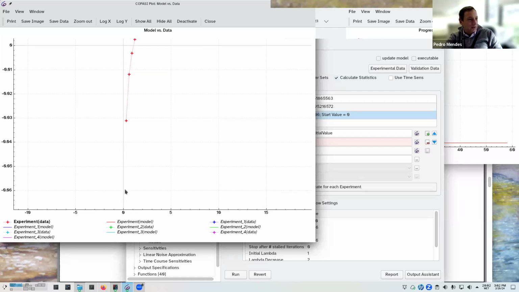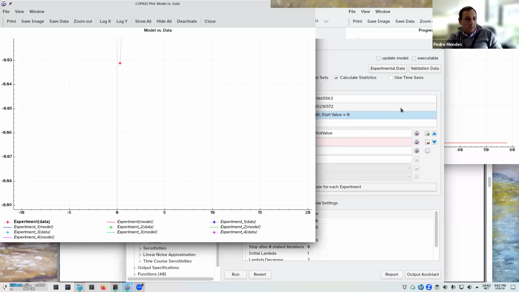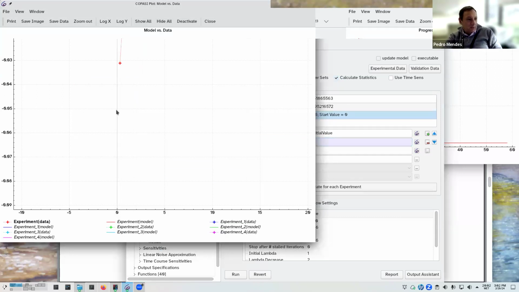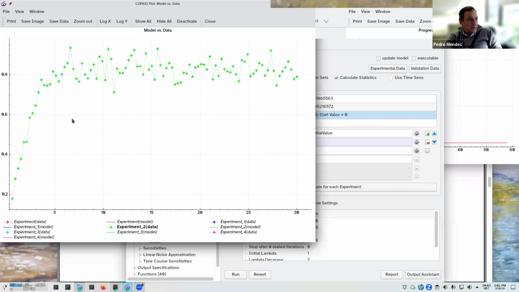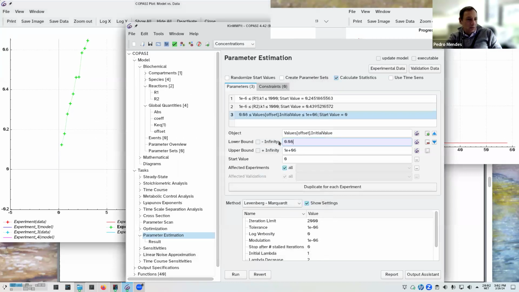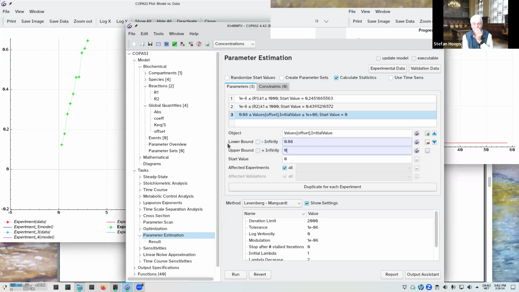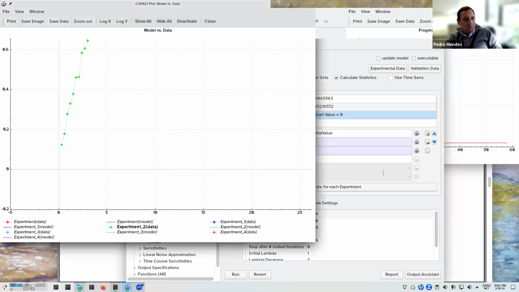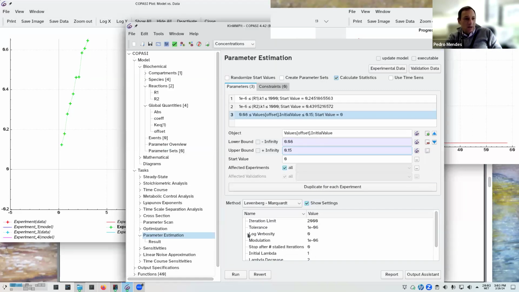Let's use minus 0.06 as the minimum value I'm going to put. And the maximum value, maybe we look at another experiment. Well, it's close to below 0.2. So let's use 0.15 as the upper bound. So this may be correct or not.